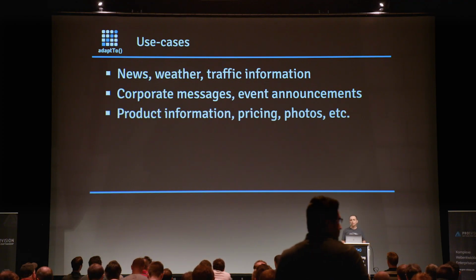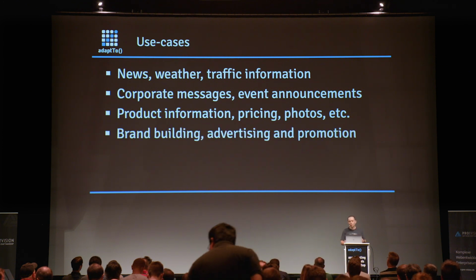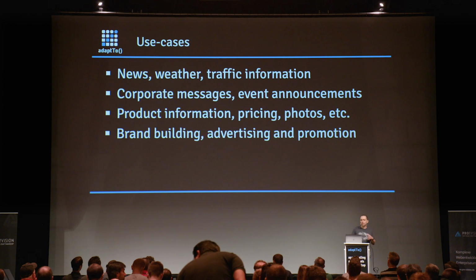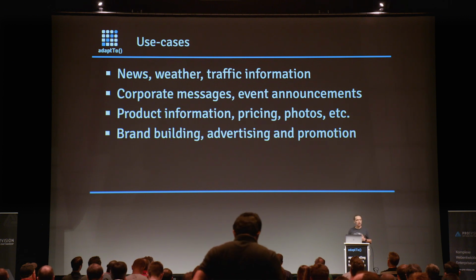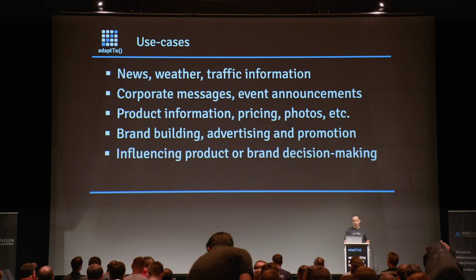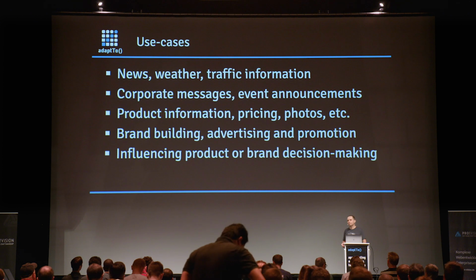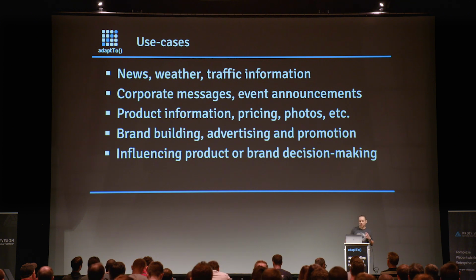Product information, pricing, photos, offers. One of the probably most common uses of digital signage is advertising and promotions, like Nike or Coke. Somewhere you see a lot of these messages. Influencing product or brand decision making. This is probably one of the most interesting, and we are trying to focus on this a lot.